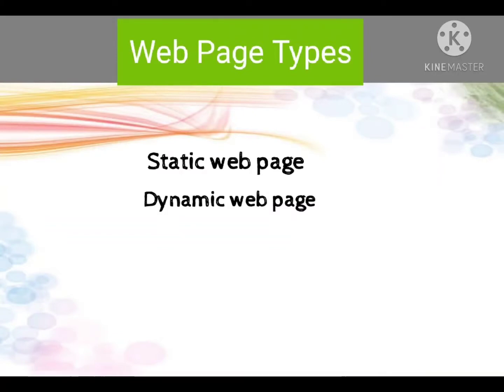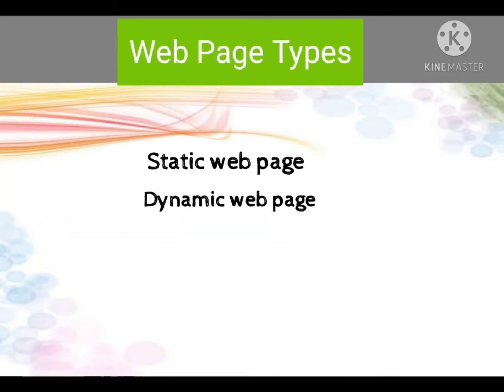And a dynamic page is a page where, if you take the example of Facebook, when you are logging in, the page is different. If the login is not successful, you get an error message. Even after logging in, you get notifications. Many options are available: you can send a message, you can upload your videos. Those kinds of web pages fall under dynamic web pages.